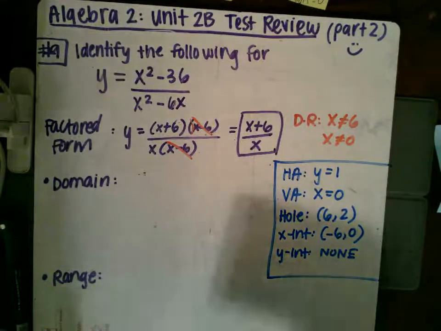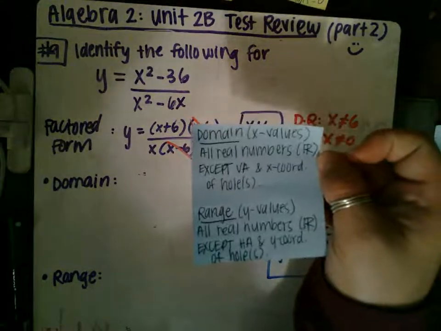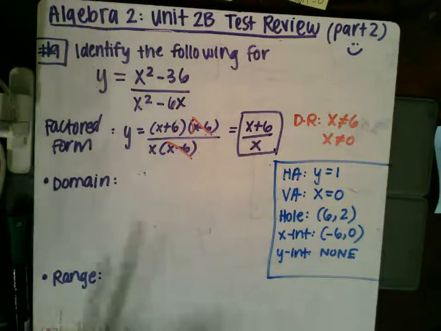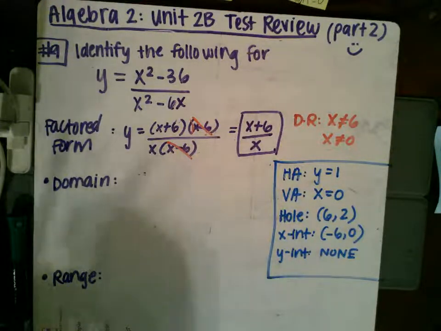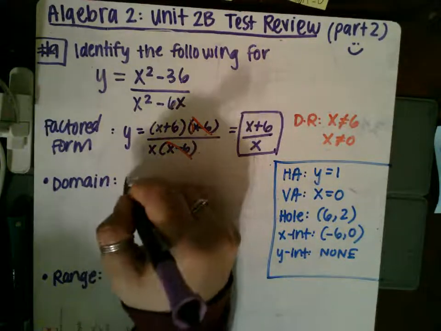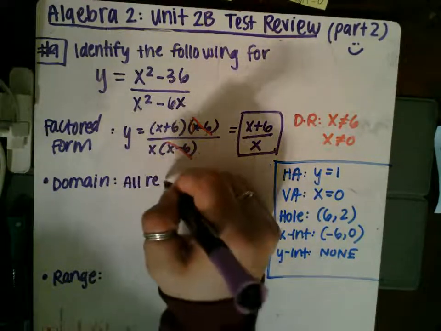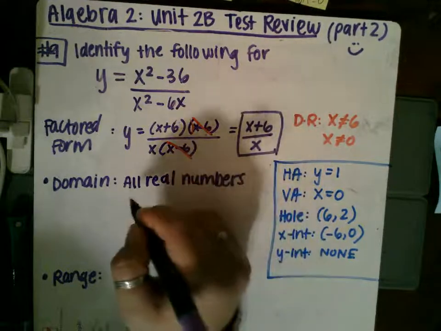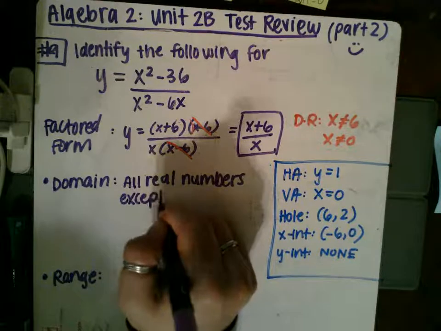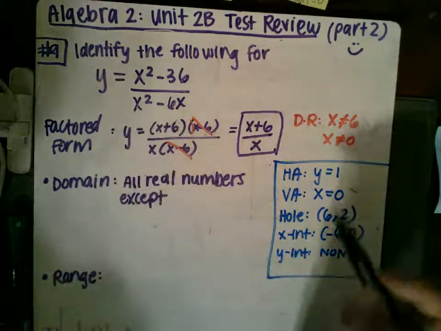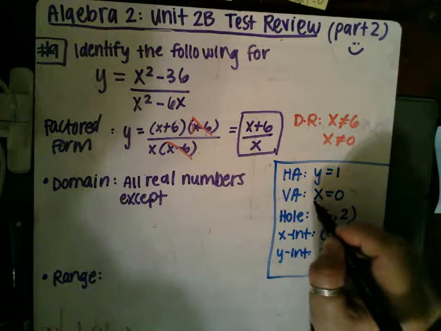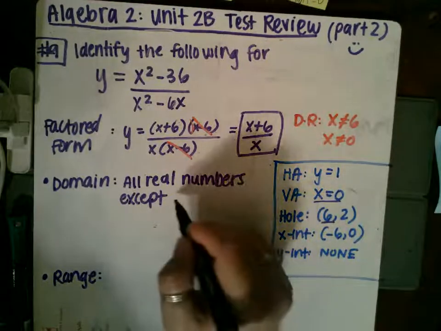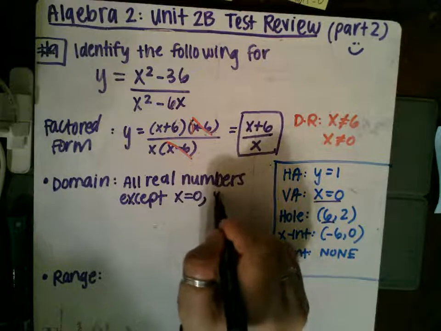And remember, our domain is all real numbers except the vertical asymptote and x-coordinate of the hole, because domains are x values. So our domain for this function is all real numbers except the x coordinates: x equals 0 and x equals 6.